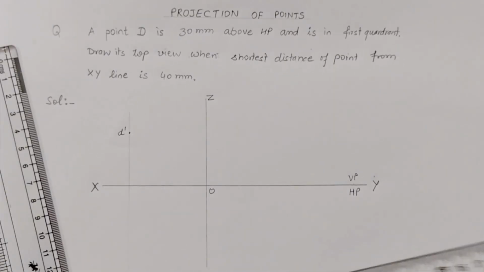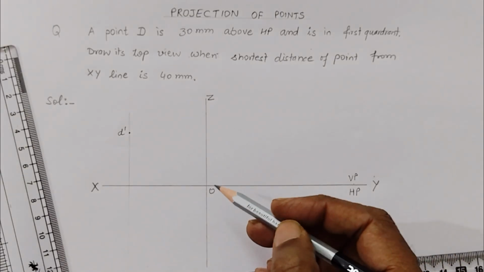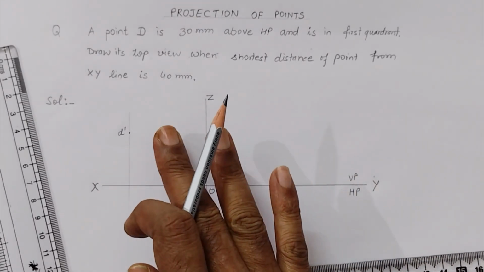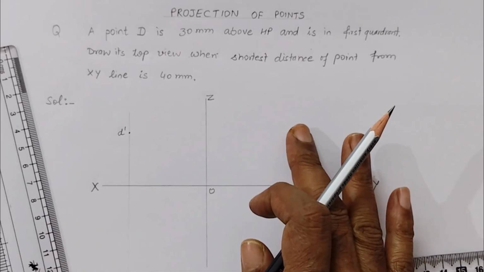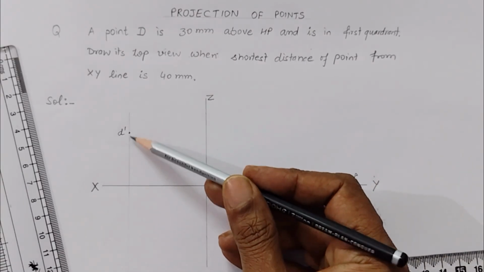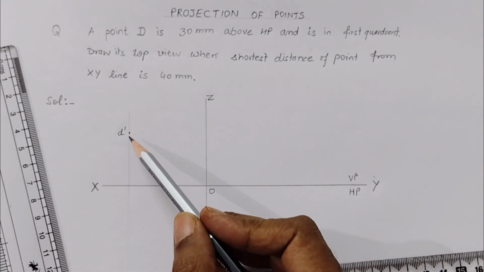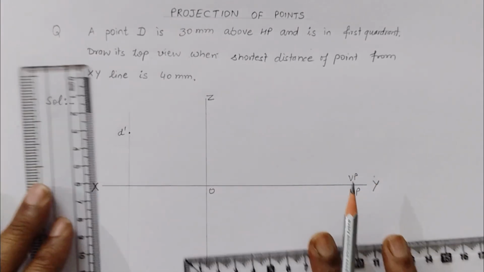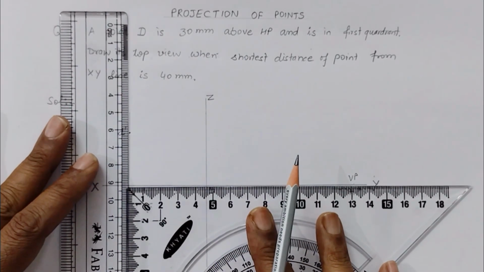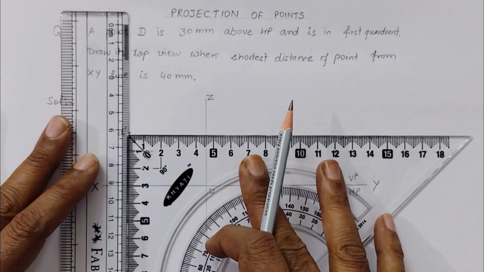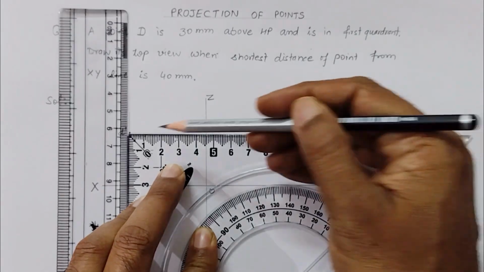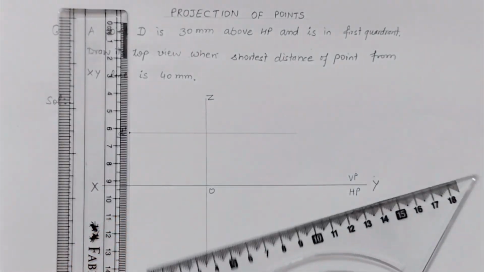Now we have to mark the shorter distance over here in the profile plane. So this side is the profile plane. Because the height of the projection in this profile plane is also equal to the height of this elevation from the XY, for that sake we will draw a horizontal line through this point like this.